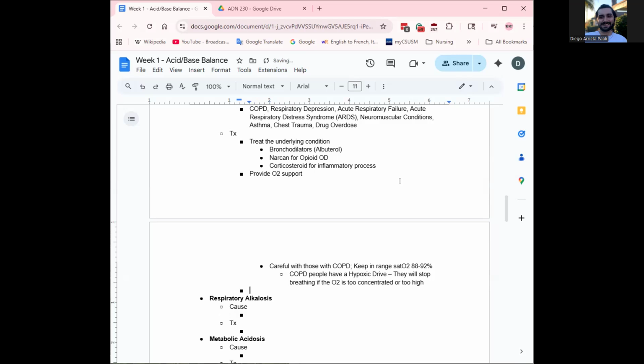Okay. What are some other things that might help get rid of some of the CO2 that you could coach someone into doing? Yeah, pursed lip breathing. That one's really good to get rid of some CO2. Turn, cough, deep breathe. Yeah, all of that can help.